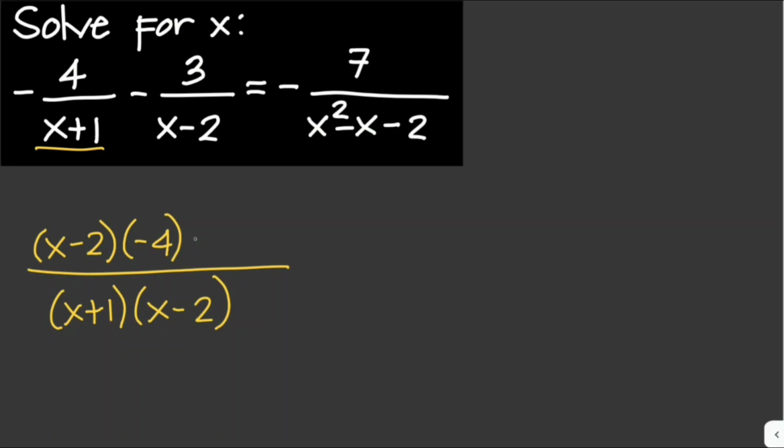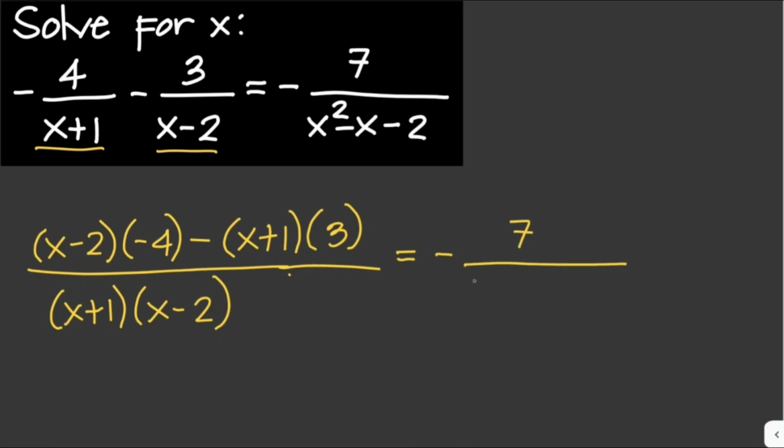Then copy the operator sign, which is minus. Okay. Then x plus 1 times x minus 2 divided by x minus 2, we have x plus 1 times the numerator, which is 3. Okay. Then equals negative 7 over.